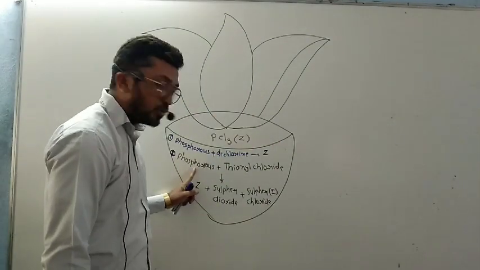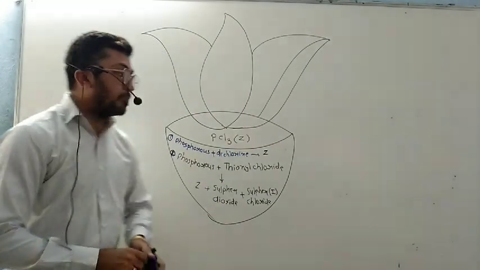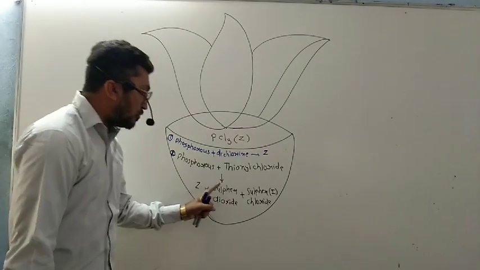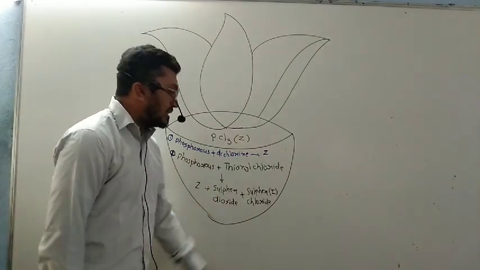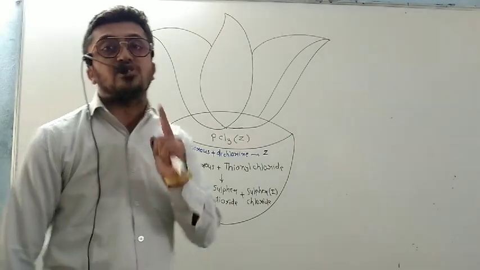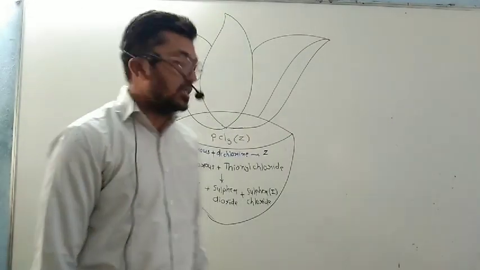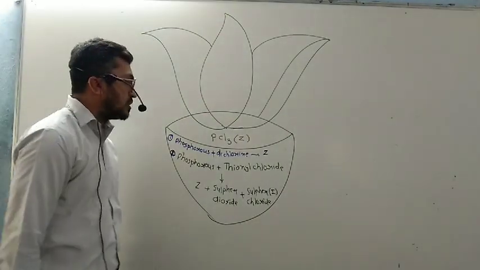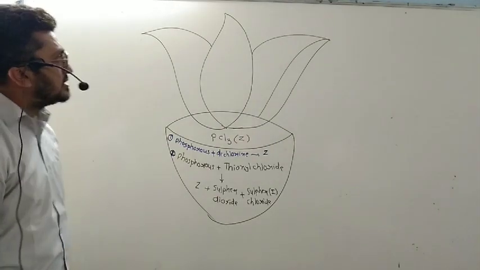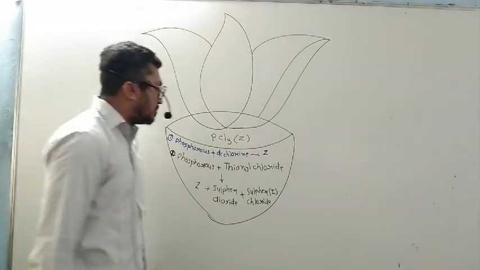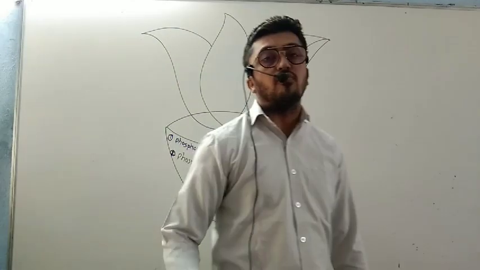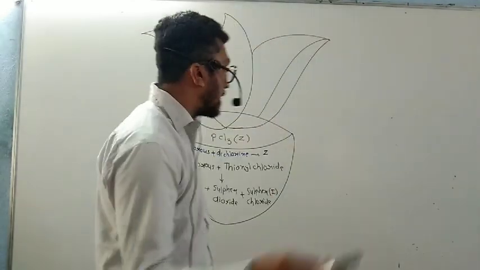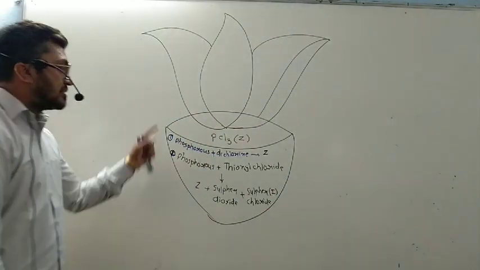So phosphorus P4, thionyl chloride SOCl2, sulfur dioxide SO2, and sulfur 1 chloride, it is S2Cl2. S2Cl2 is sulfur 1 chloride. So this is the important information about the preparation of phosphorus trichloride. So PCl3, this is preparation.